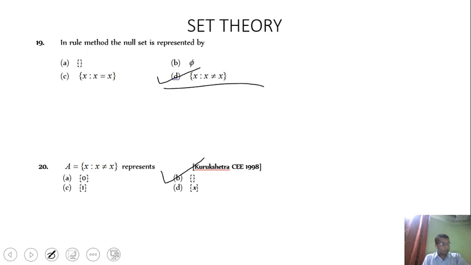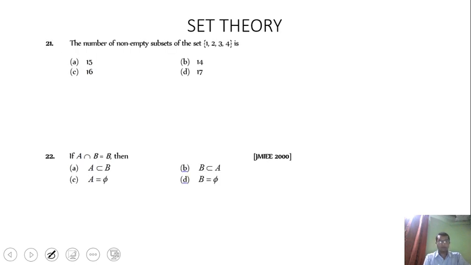In option A, a set containing zero does not mean no element, that is a set containing a single element 0, whereas option C is a set containing single element 1. Option D is a set containing only x as an element. All those examples are examples of a singleton set. Therefore A, C, D are wrong answers and option B is the right answer.